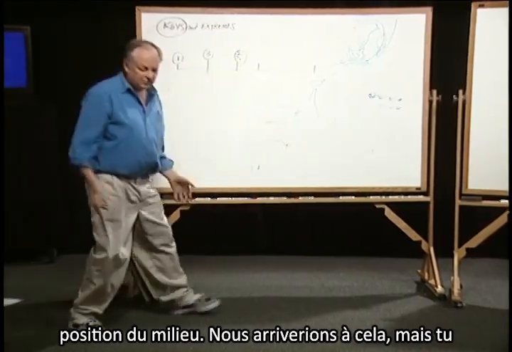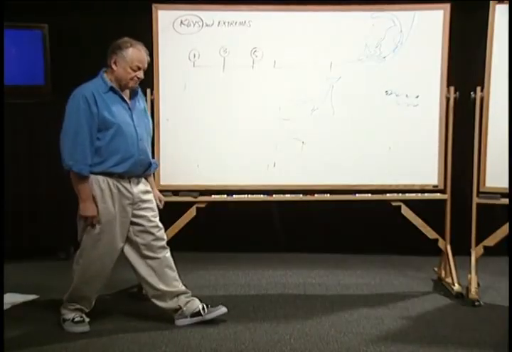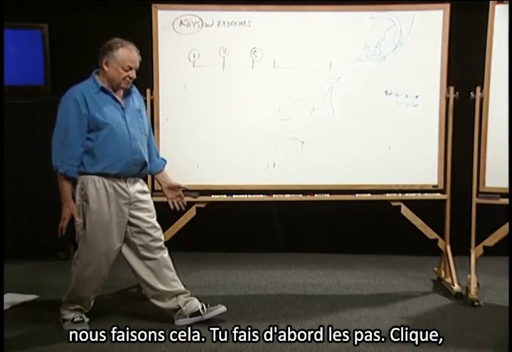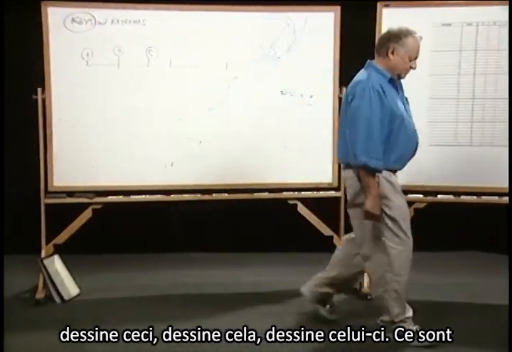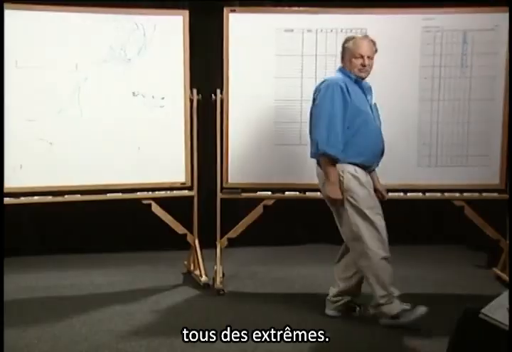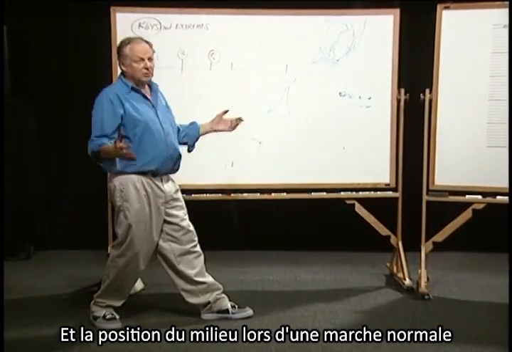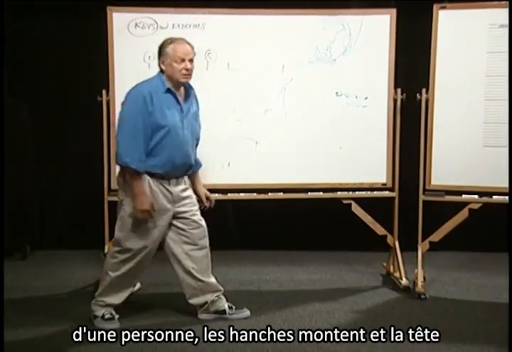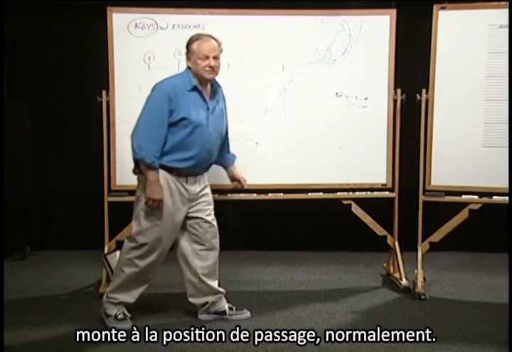We'll come to this, but you can see in a normal person's walk, you do the steps first. Click, click, click, draw this, draw that one, draw this one. They're all extremes. And on a normal walk, the hips go up and the head goes up on the passing position.